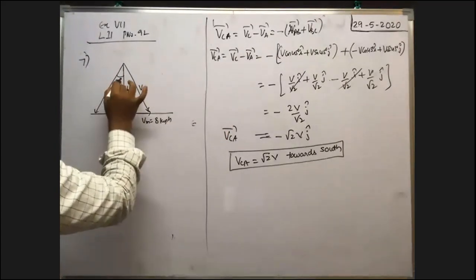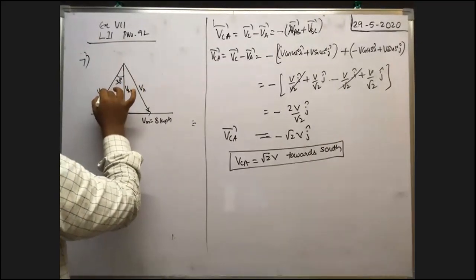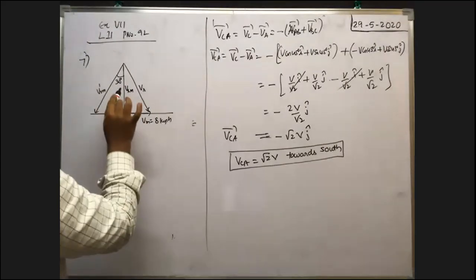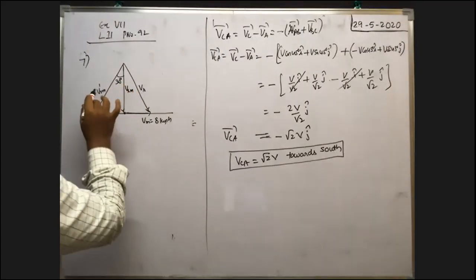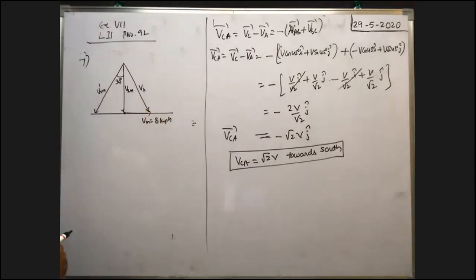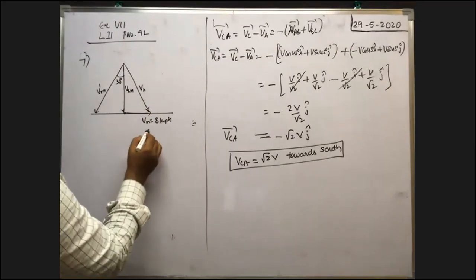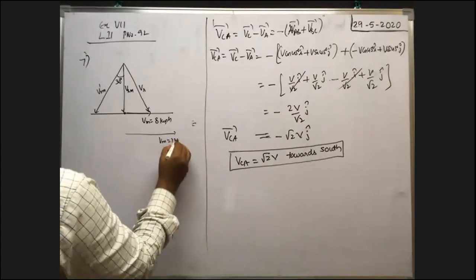That angle is given. It is the velocity of rain with respect to man in the second case. It is the velocity of rain with respect to man in the first case. But in this case, the speed of the man is 12 km per hour.